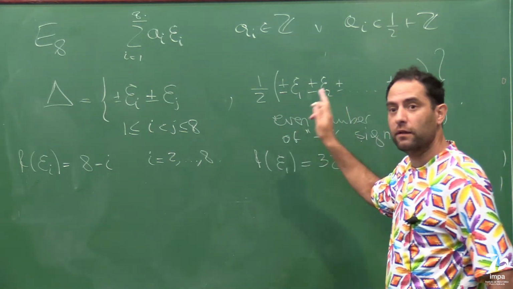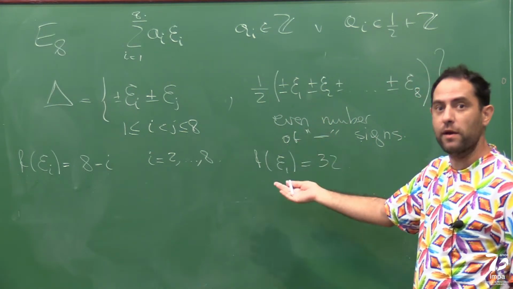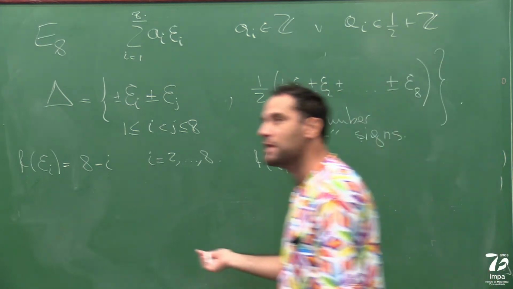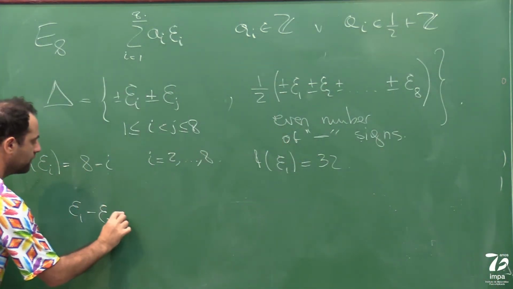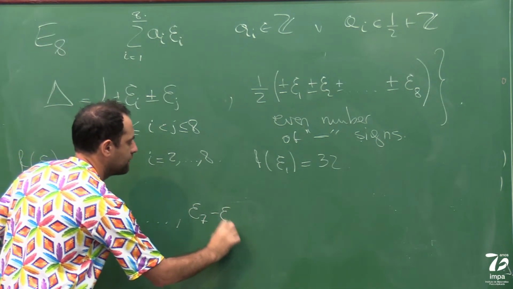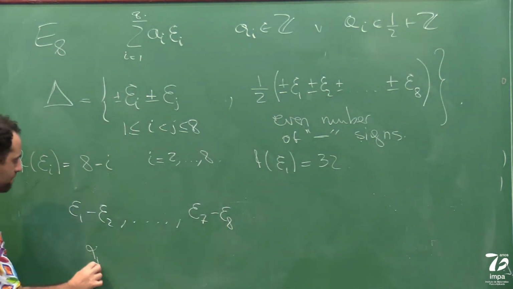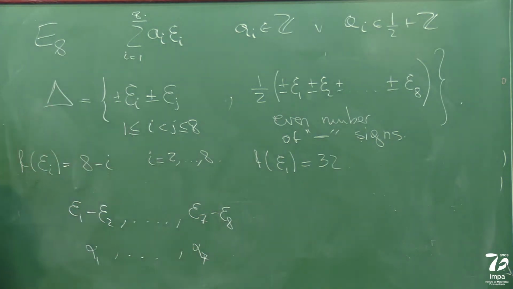But f takes integer values, so it takes 1 as the minimum value, and that gives me immediately a bunch of roots. So epsilon 1 minus epsilon 2 up to epsilon 7 minus epsilon 8, these are good roots. These are minimum values for f, and they are linearly independent.